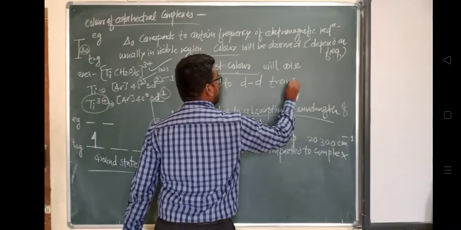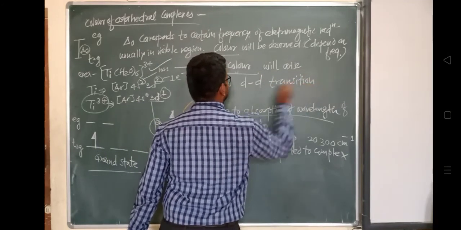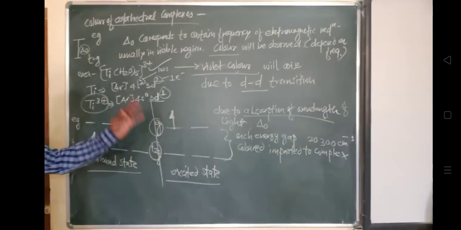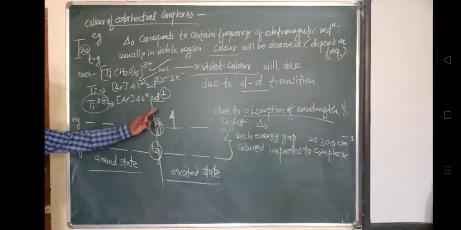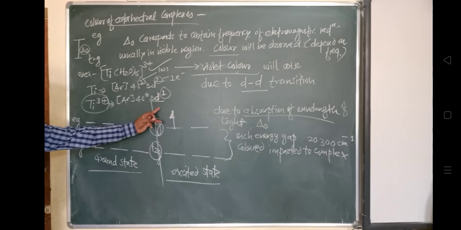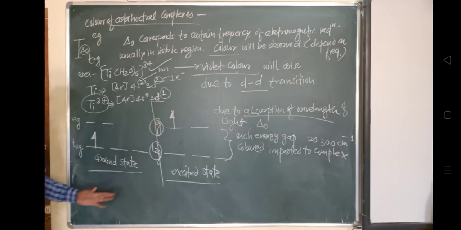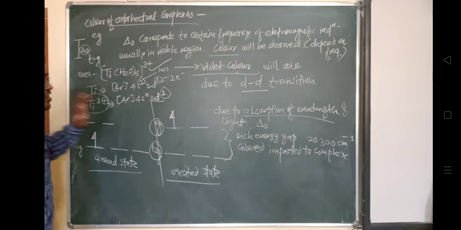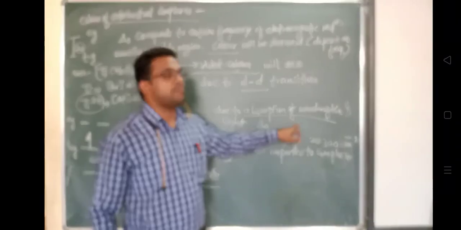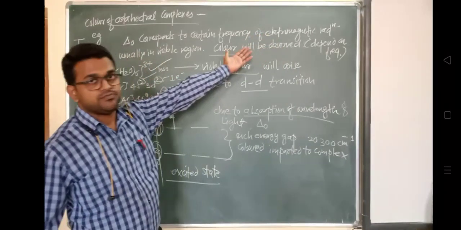What is the meaning of this DD transition? The movement of the electron in the d orbital. It is happening within the d orbital only, but what is happening is it moves from the lower energy set to the higher energy set, because T2G is one set and Eg is another set. From the T2G set to the Eg set, it is possible only due to absorption of the wavelength of light in the visible range.